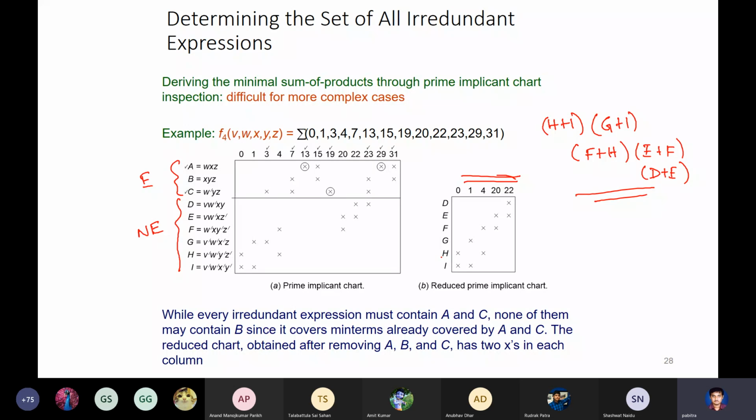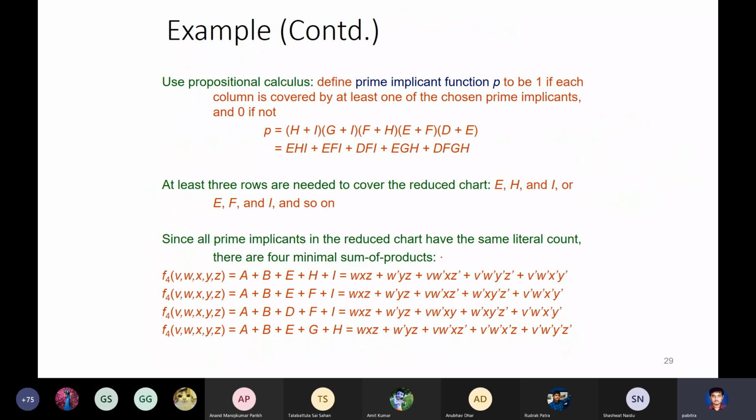So what will Petrick's method do? It will expand this by applying the distributive law of Boolean algebra, and it will apply this rule to do a reduction.